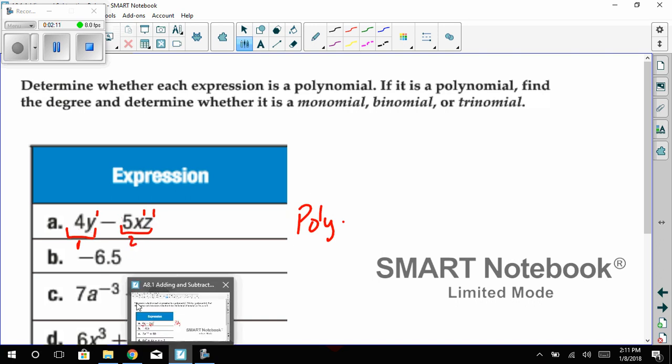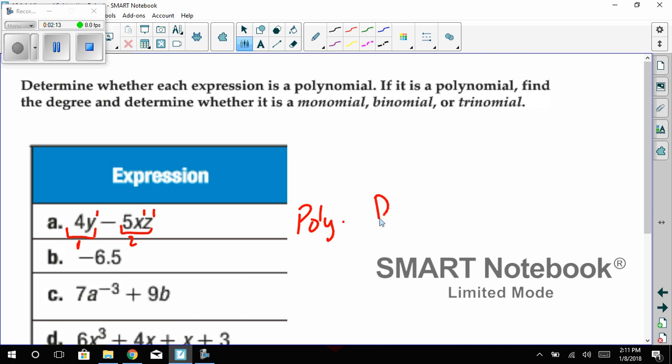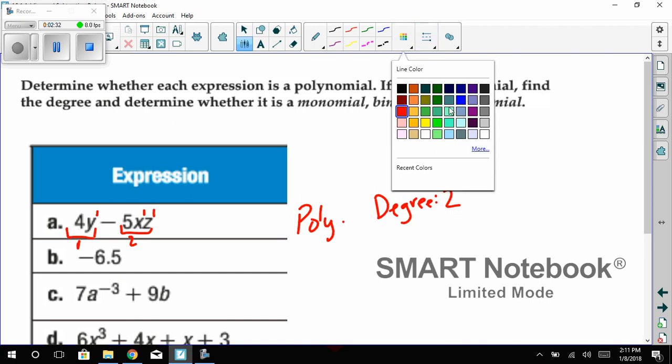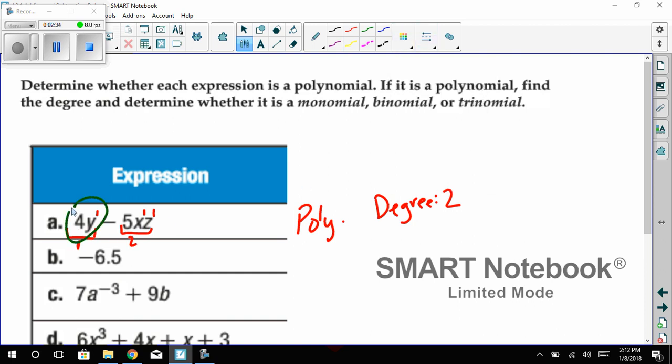So in this case, this is degree 2. We pick the highest number on the monomials, so degree 2. Then monomial, binomial, trinomial: since there are 2 terms, the 4y term separated by a minus from the 5xz, 2 terms is binomial.